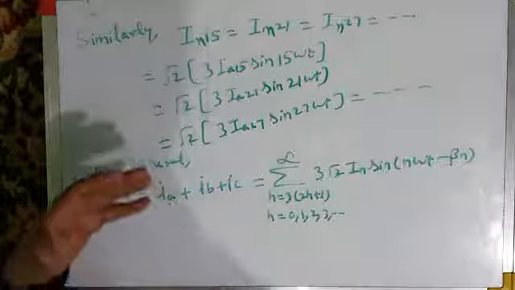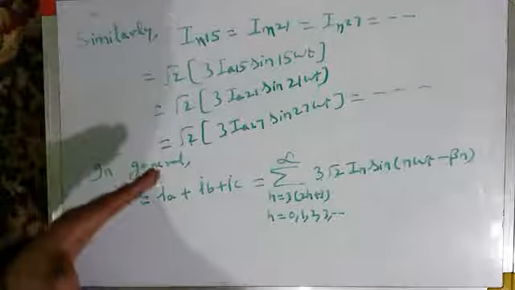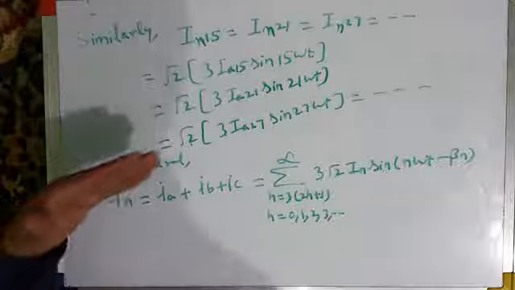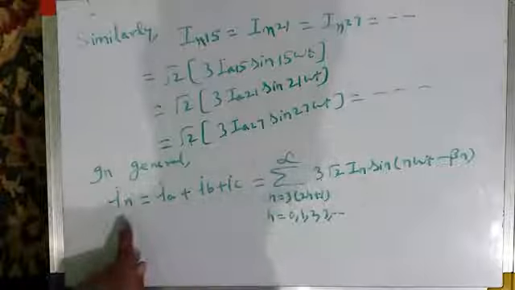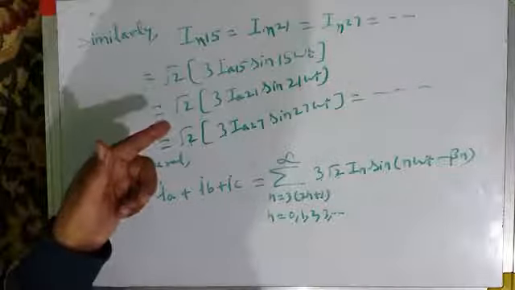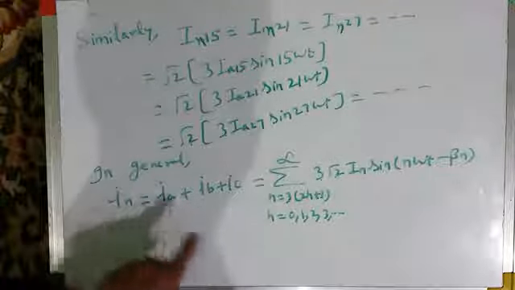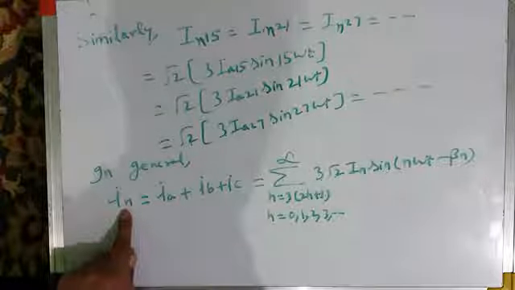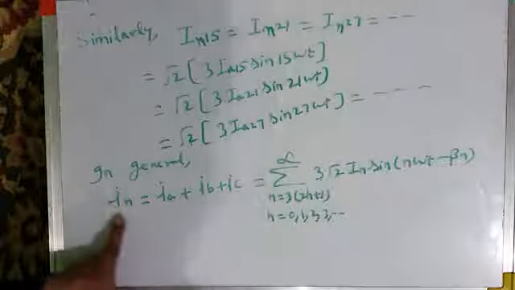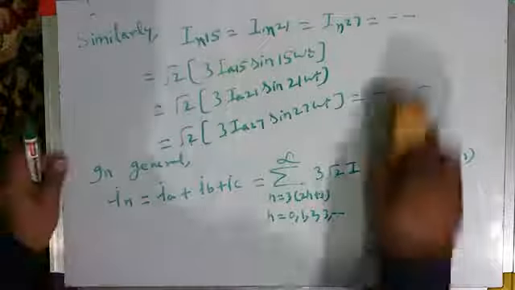You have odd harmonics, you don't have even harmonics. Among the odd harmonics, you have non-triplet harmonics and triplet harmonics. We have proved that non-triplet harmonics do not flow in the neutral, but triplet harmonics flow in the neutral. So therefore, neutral current is there even if the system is balanced.